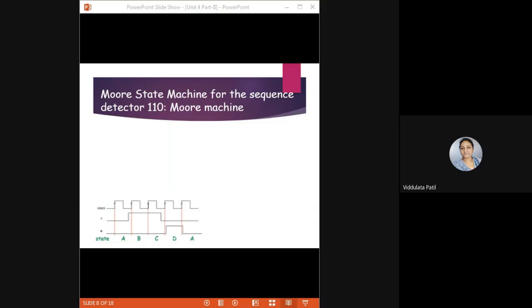And then depending on whatever input is detected in each of the states, you will move towards the next state, or it may remain in that state only, or it may return to a previous state. Meaning, depending on your sequence, the input will be there and accordingly your state will change. So here, as the sequence was 110, initially the machine is in the initial state, where the output is 0.